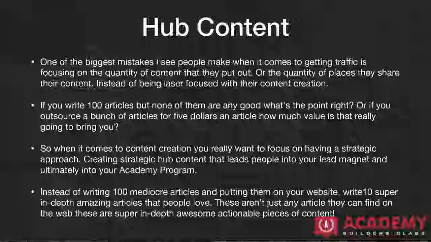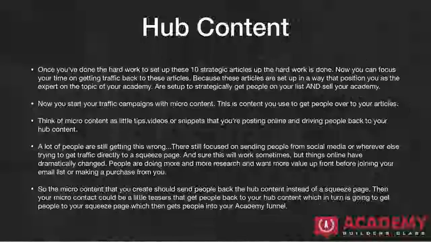And guys, these aren't just any article that people are going to go to someone else's website and find. These are super in-depth, awesome pieces of content that are going to help turn people into members of your academy program. So once you've done the hard work to set up these 10 strategic articles, a lot of the hard work is done.